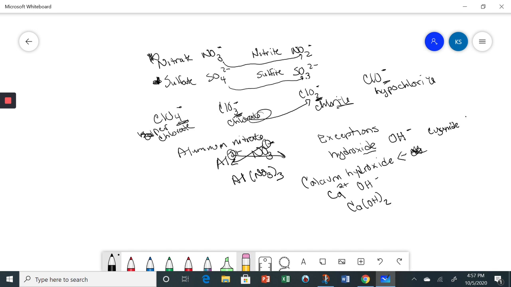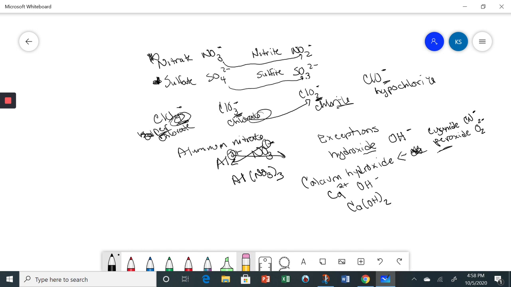Another exception is cyanide. That is CN minus 1. Peroxide. Anytime it ends in a peroxide, it's 2 oxygens adding up to 2 minus. Not 1 oxygen, 2. So the oxidation number is less. It's an extra oxygen. There's that per. Extra oxygen per chlorate, 4.